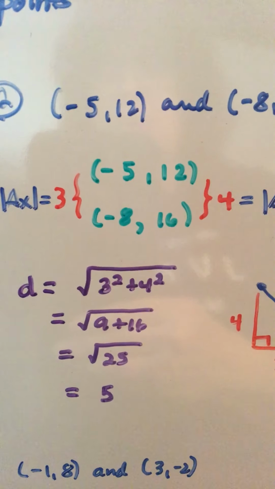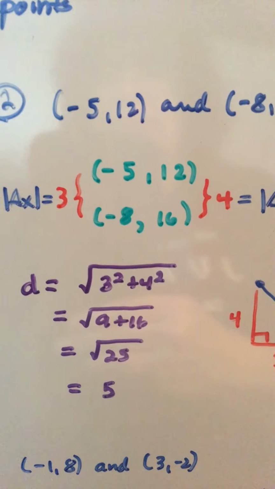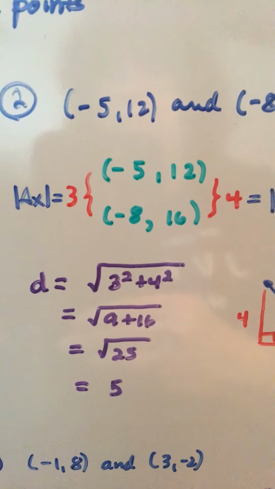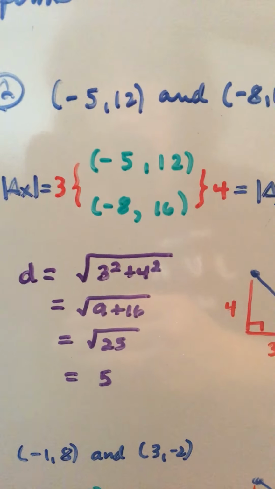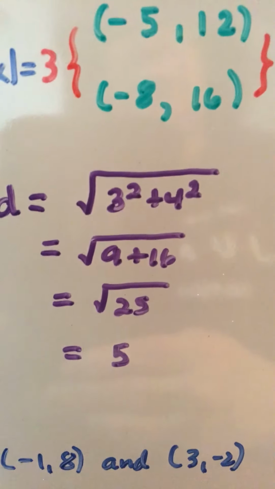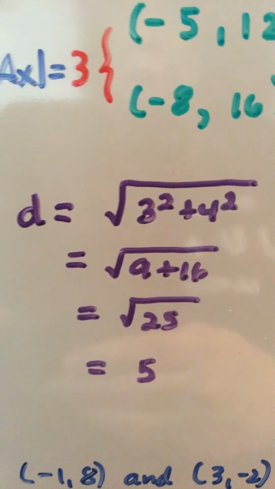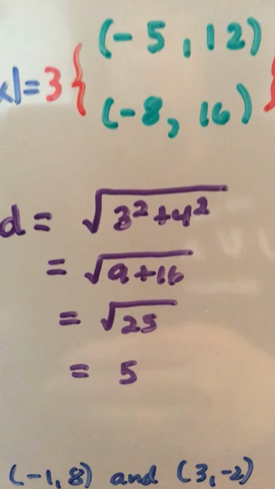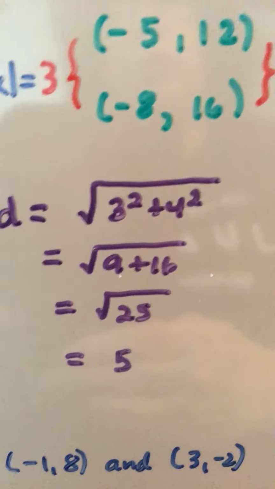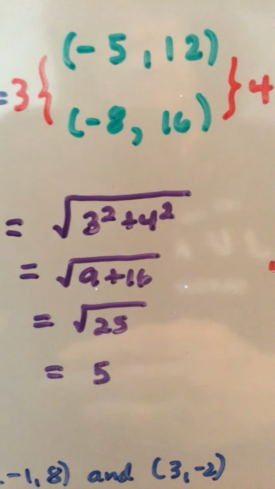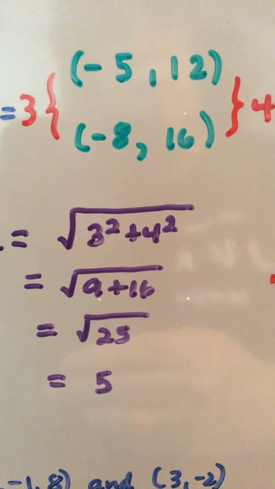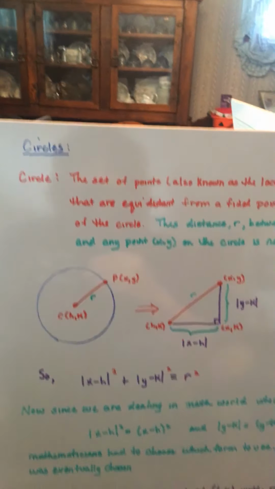So when you're finding a distance and using the distance formula, I better never ever see a negative sign when you tell me to square. If you tell me it's -3, you better write 3. If you think it's -4, you better write just 4. Thank you very much. Now, on to circles.